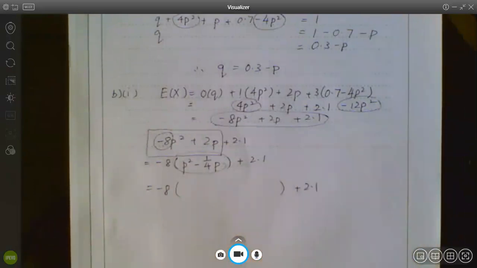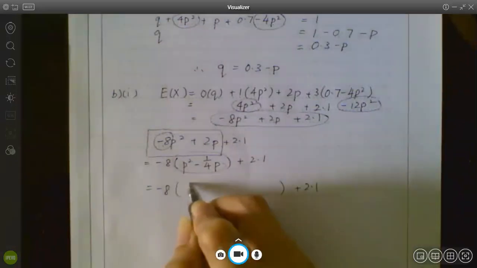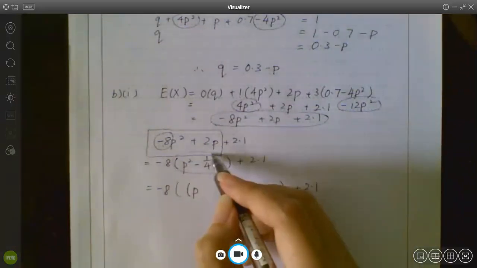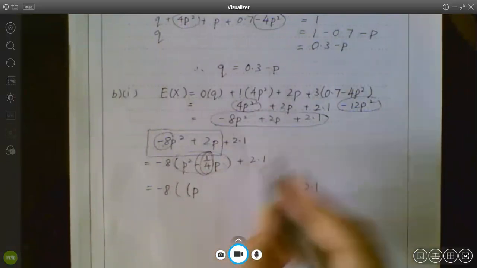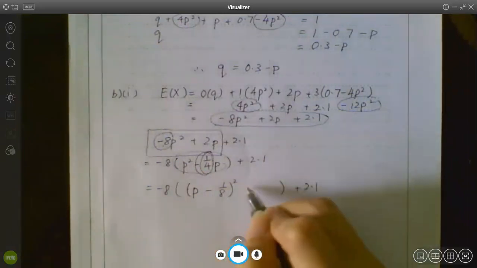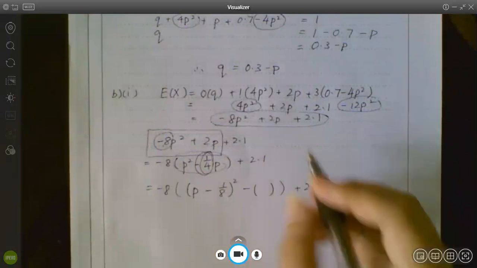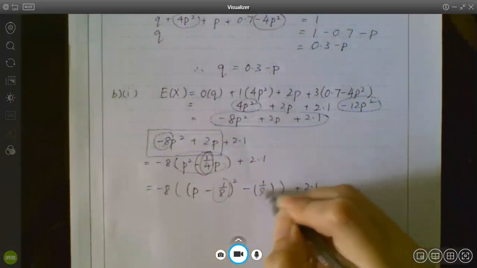We're going to work on completing the square. Let's write down P, and I have to halve the coefficient of P. I'll get 1/8 squared, and I have to subtract this value squared.